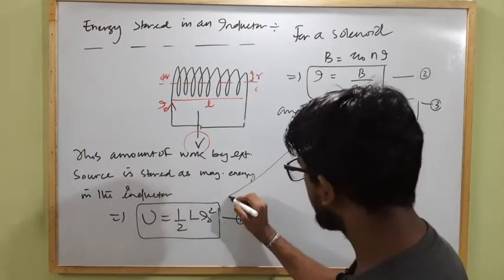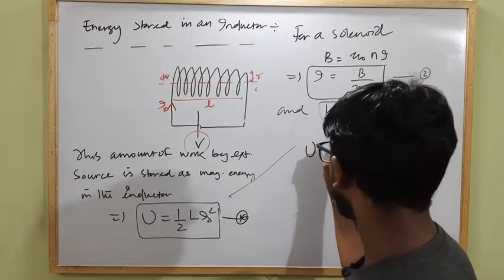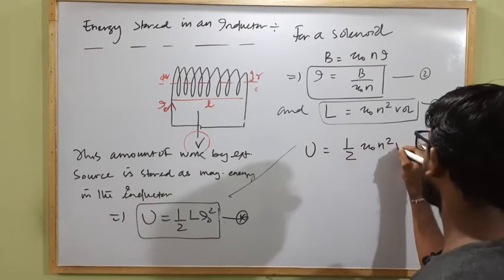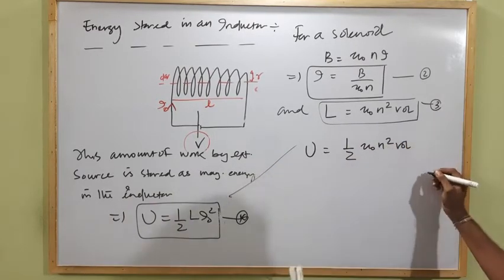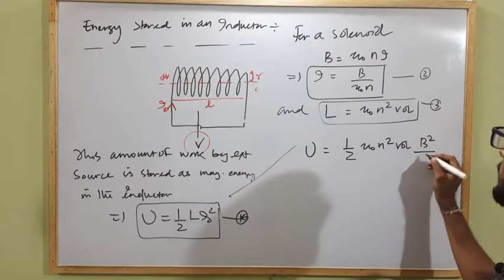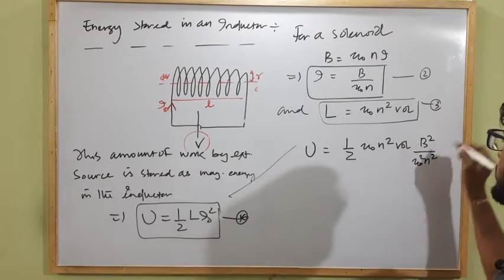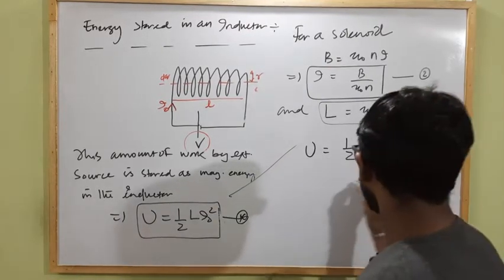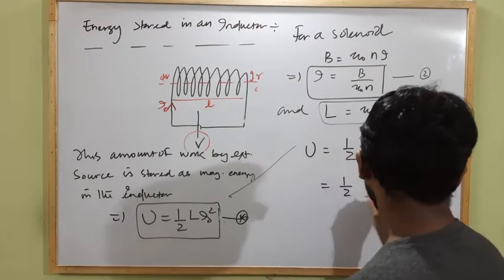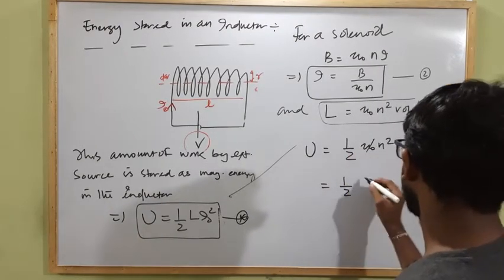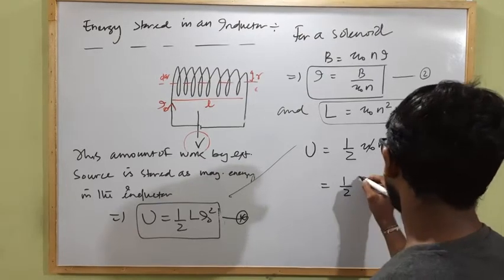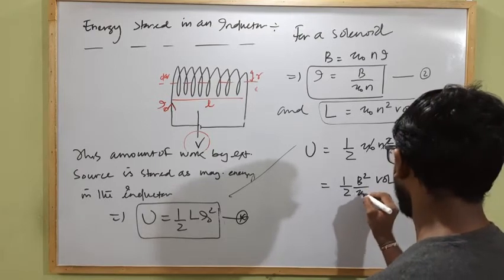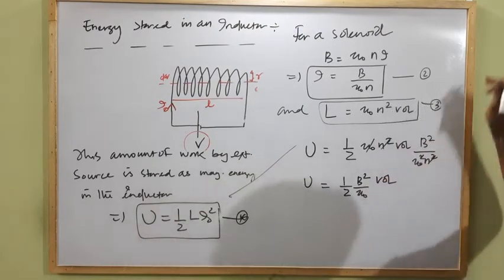Using 2 and 3 at this place, we will get what? The energy equal to half, in place of L we can add mu naught n square into volume. In place of I naught square I can write B square divided by mu naught square n square. So this will become half, one mu naught will get cancelled, n square will get cancelled, B square into volume divided by mu naught equal to U. Clear?